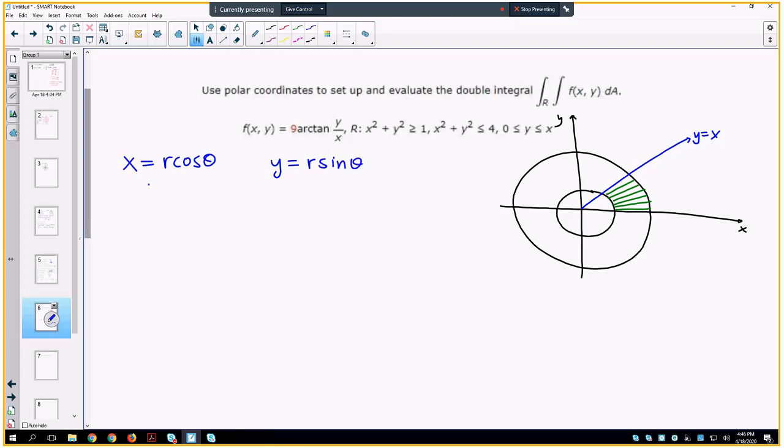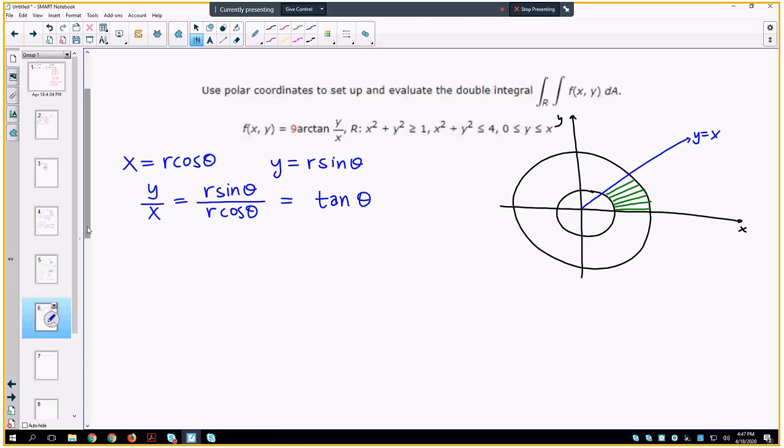So y divided by x is r sine of theta divided by r cosine of theta. Well, r and r cancel. I have sine of theta over cosine of theta, which is tangent of theta. So I have y over x is equal to tangent of theta.